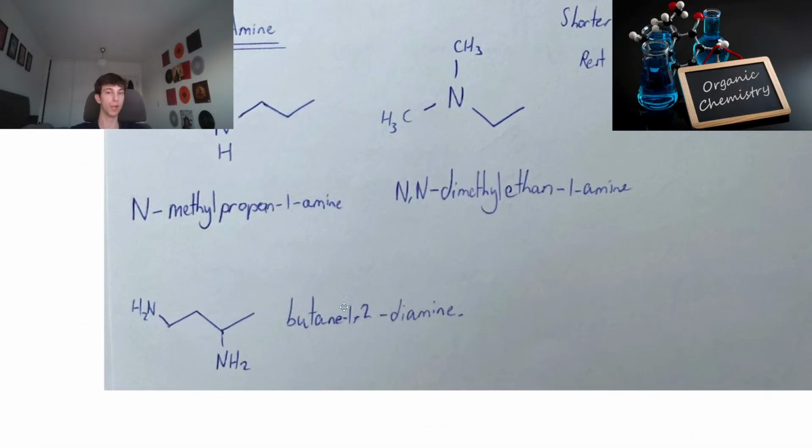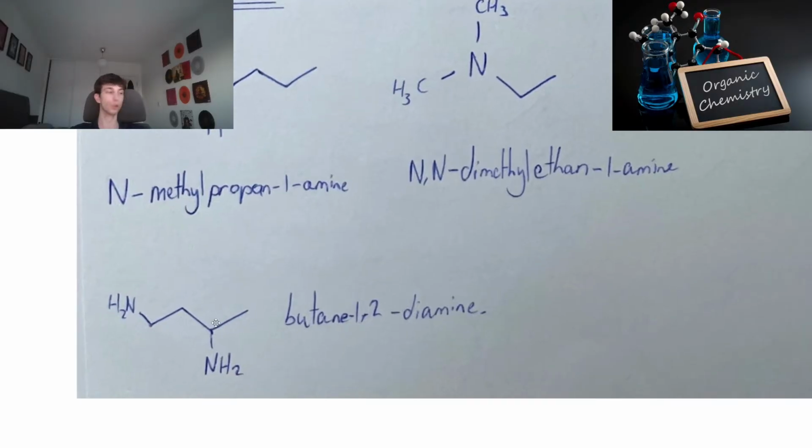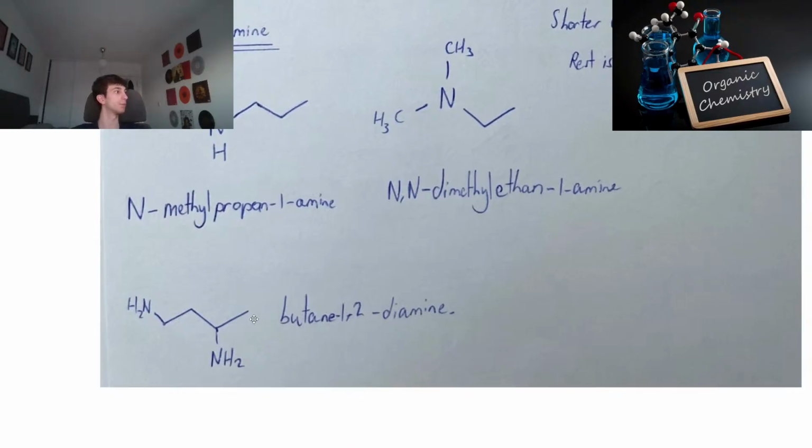And then here, when we have two amines, longest carbon chain, 1, 2, 3, 4, we have butane, 1, 2, because the shortest path to that amine group will be on that first carbon. Then we go to the third carbon. So we have butane, longest chain is 4 carbons, 1, 2, diamine. Nothing scary.